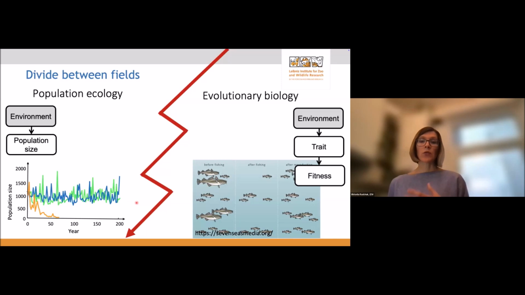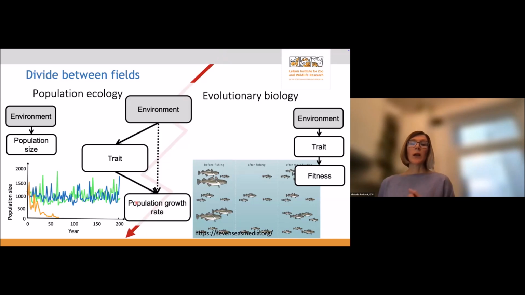However, incorporation of traits in population ecology may allow us to better understand the mechanisms via which populations respond to environmental changes. Indeed, if individuals respond to environmental change by changing their traits, be it behaviorally or morphologically, that may ensure population stability.